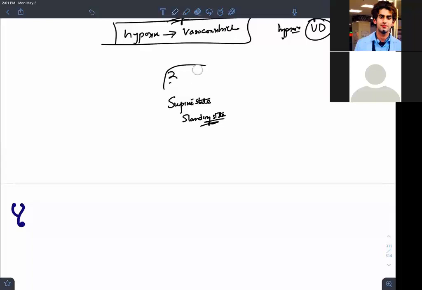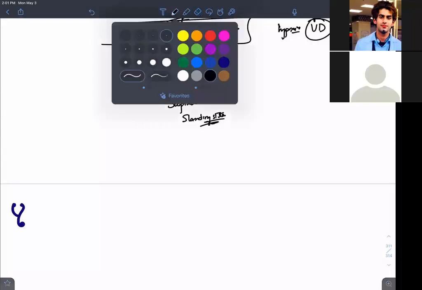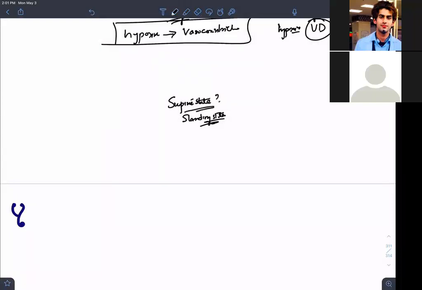Okay. Let me tell you two. What is happening to the lung in the supine state? In the supine state, remember what is happening to the blood flow. We have equal distribution or uniformity.